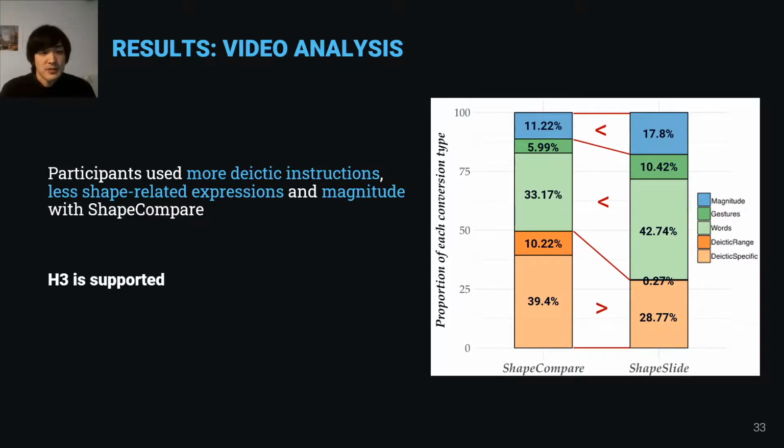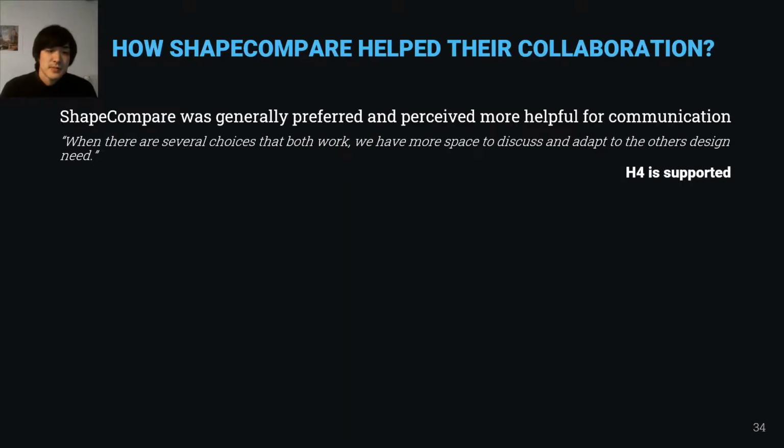It supports the third hypothesis. On the contrary, they used less shape-related expression and magnitude with ShapeCompare. As a result of questionnaires, ShapeCompare was generally preferred and perceived as more helpful for communication in comparison to ShapeSlide. That supports the fourth hypothesis.